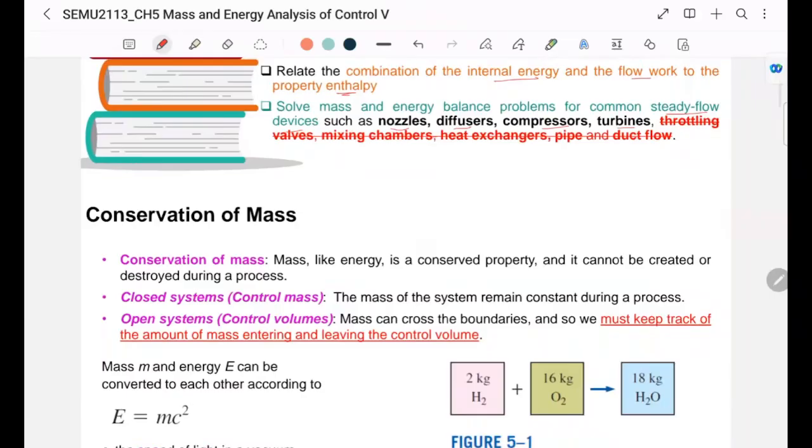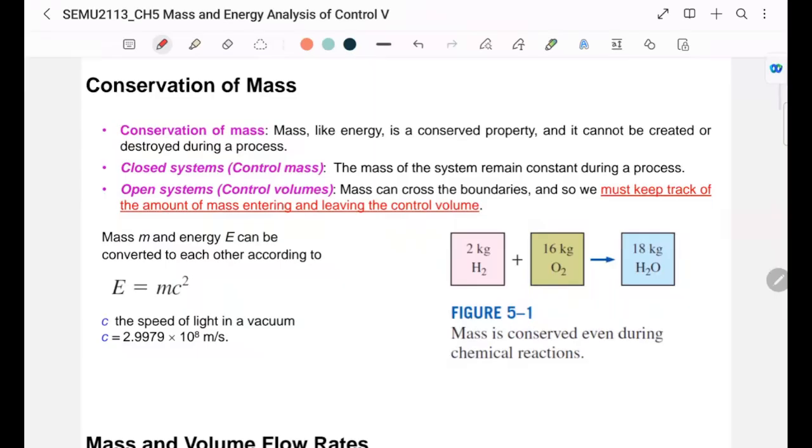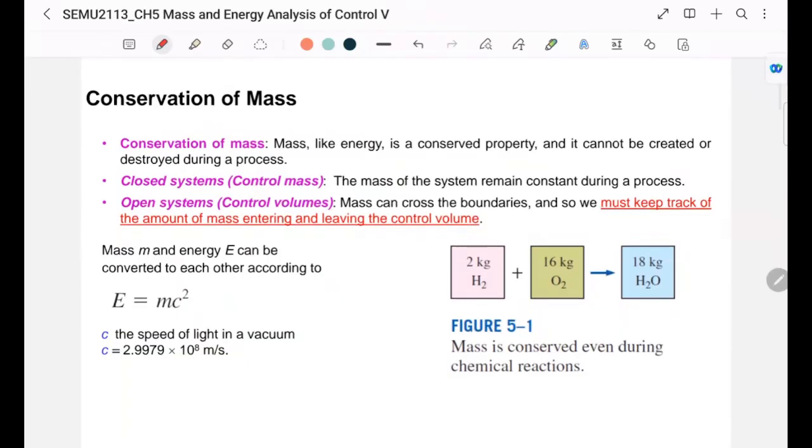Okay, so first of all, let's look at the conservation of mass. Conservation of mass is quite simple to understand. Let's look at this example here. When you have 2 kg of hydrogen plus 16 kg of oxygen, in the end of the day, when the two mix together, I think everyone knows, you get H2O.